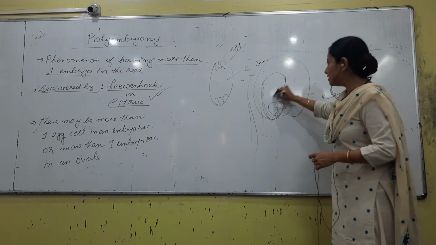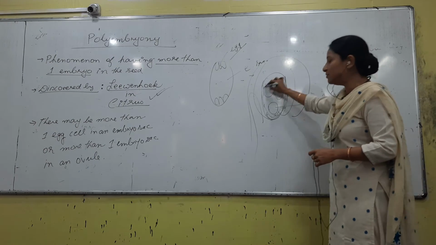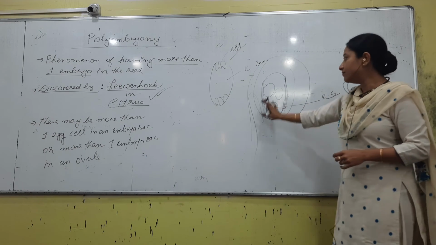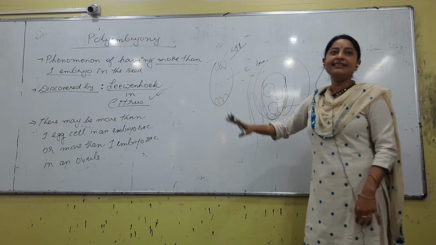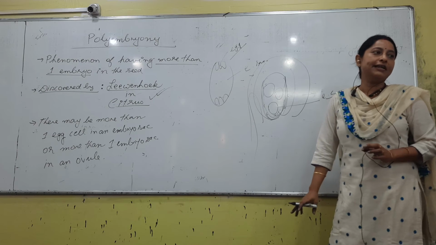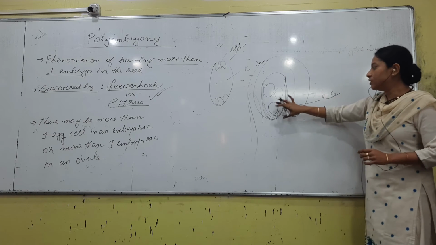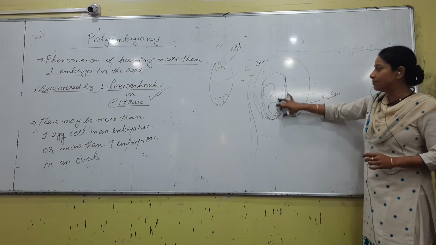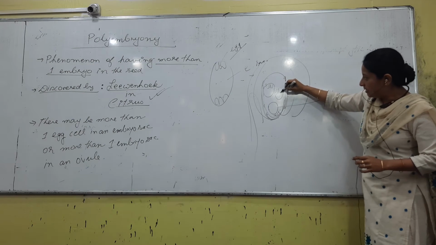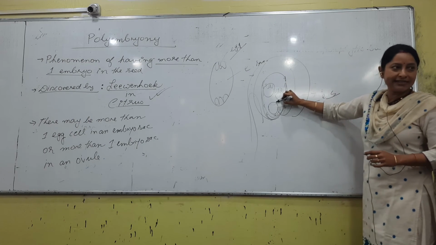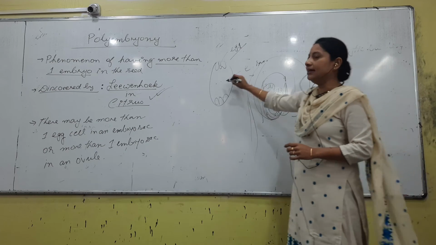Sometimes two cells enlarge, sometimes three cells may enlarge. So because of these two reasons, either this reason or this reason, we see a process called polyembryony. So separate embryo sacs may be present inside the ovule, and if there are separate embryo sacs, then as many eggs will be present, one here, one there.